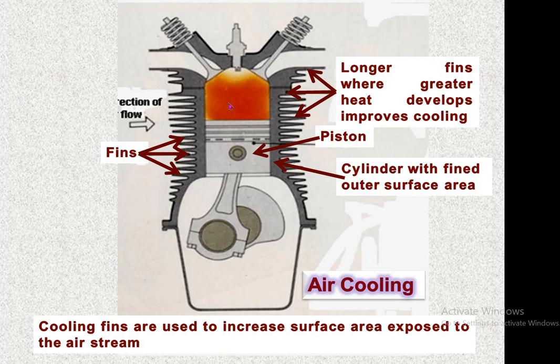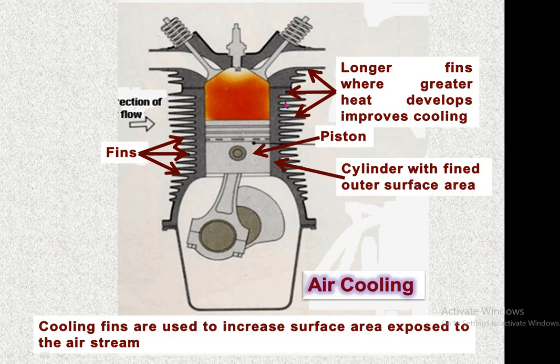We know that on the upper part, generally in the clearance volume, our fuel is burned. So in that area there will be high temperature. So here longer fins are employed, as they produce greater heat and it must be removed. So these fins are of the longer size.